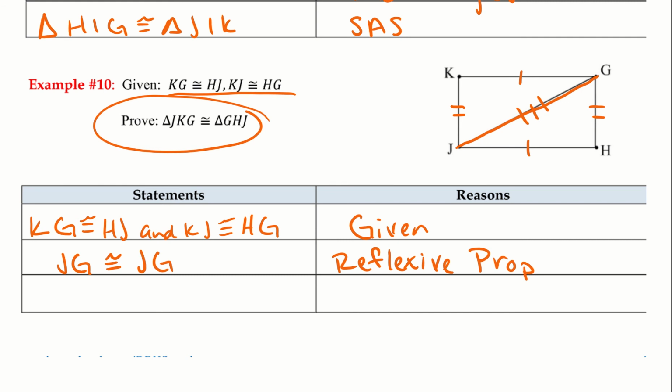Because of that reflexive property, I can say this side is equal to this side, and now I can say that these two triangles are congruent. I can see my side, side, side, given. So they are congruent by side, side, side. That is my reason why we know they're congruent.